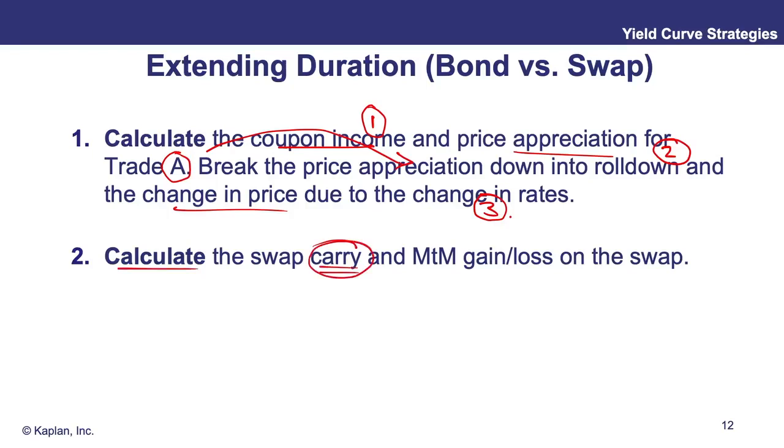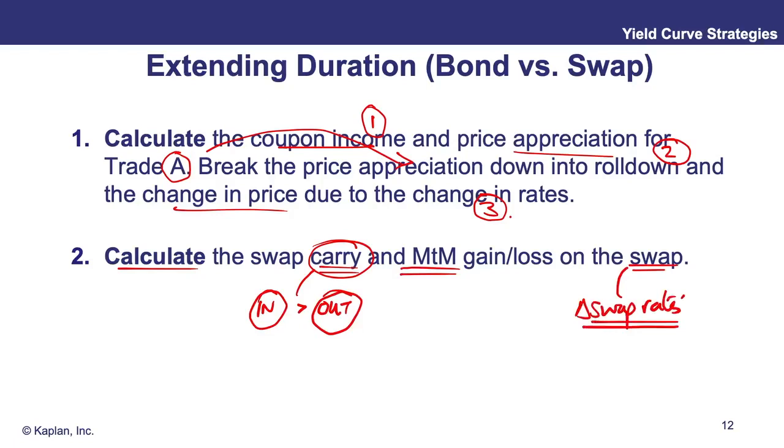Carry, of course, is the income on the fixed leg, what you're receiving over what you're paying out, and any mark-to-market gain or loss on the swap due to changes in swap rates. Okay, so we'll have a look at that as well. Don't forget, time passes. We're going to have a time difference of 6 months between now and when we come to mark-to-market at the end of our trade horizon.